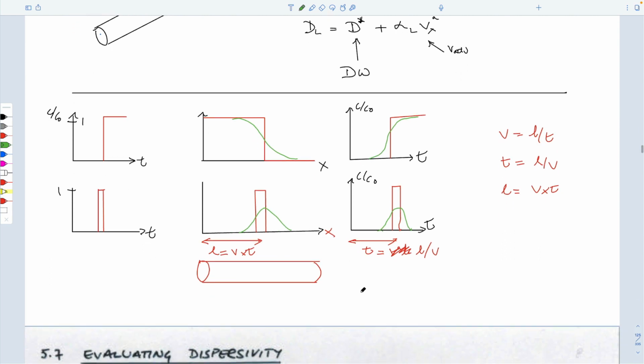And I never drew the figure of why that should look like that, but if you imagine, I suppose you could draw it here, you could think of a part of this porous medium that we take out here being a front that looks like this.